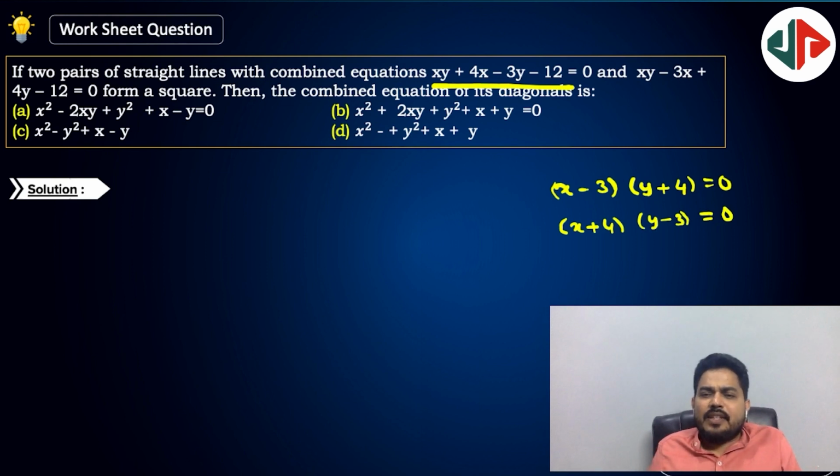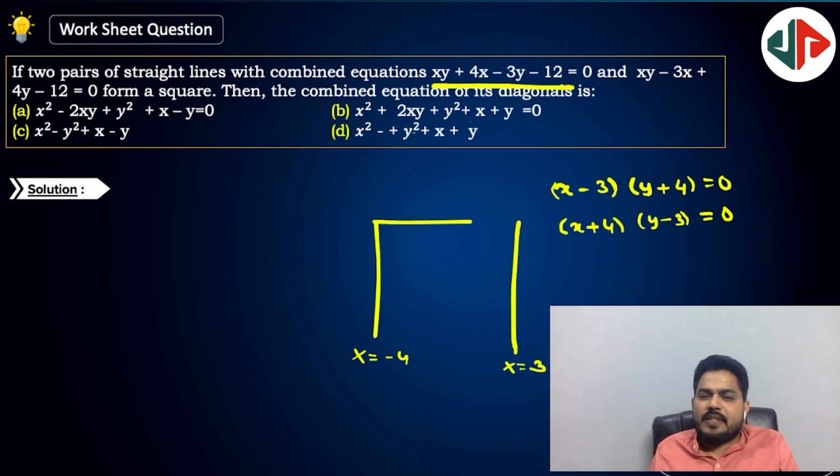So what do we have? This is x equal to minus 4, this is x equal to 3. Similarly, this is y equal to 3 and this is y equal to minus 4.